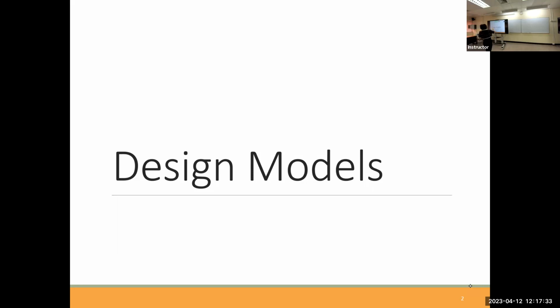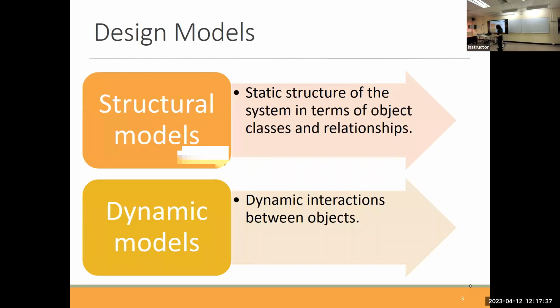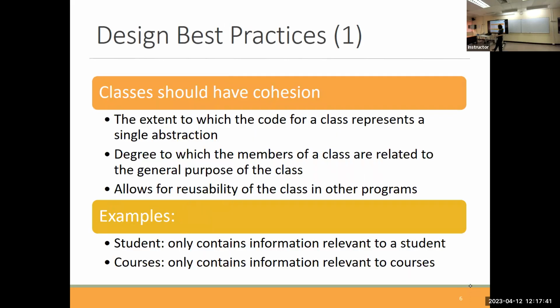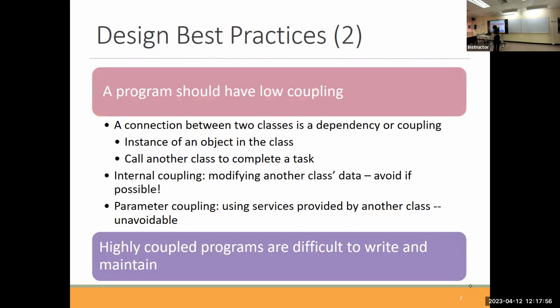Okay, but I am back to the design. We already talked about the structural model, dynamic model, and so on, related to the UML diagrams and many types of diagrams that we discussed. I will go very fast. I think I will skip all this.